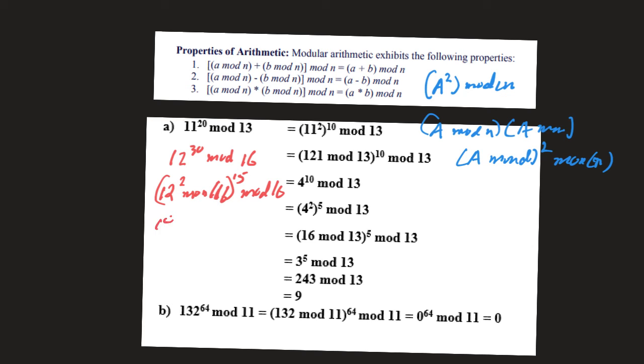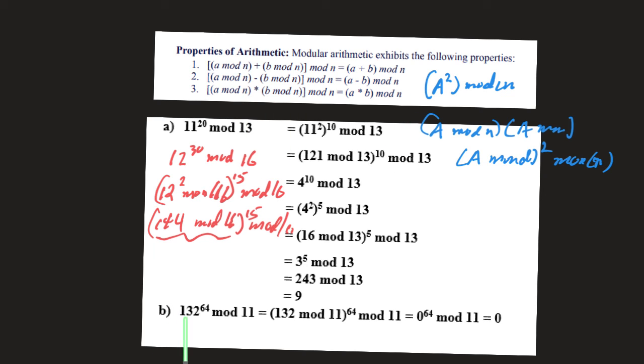That's 144 mod 16, and then to the 15th power, and then mod 16. Sorry for the messiness, but you can probably calculate this by hand, and you immediately simplify things. Maybe I had an error here, but you know the idea. You apply this multiplication rule over and over again.